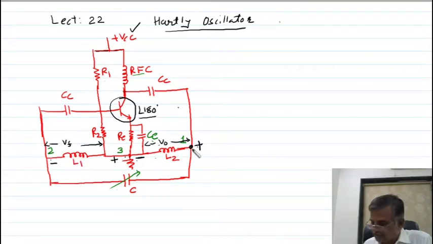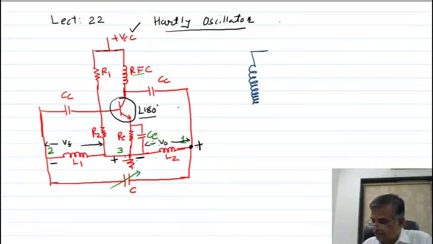Suppose at some time the point 1 is positive with respect to 3. 3 is grounded, so 0 potential. Then at the same time 2 is negative with respect to 3. This is just like a center tap transformer. You know the center tap transformer.